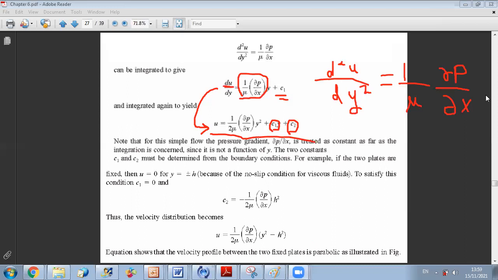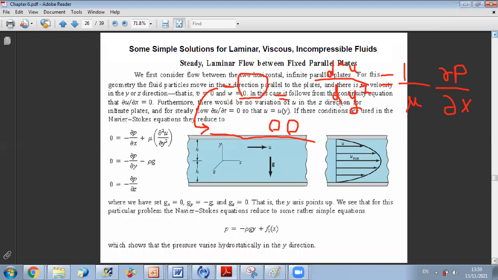Here, to get them, all I have to do is to say that if you look at your flow, we know that due to the non-slip condition, at y equal to minus h, which corresponds to the bottom plate, the velocity u is 0.